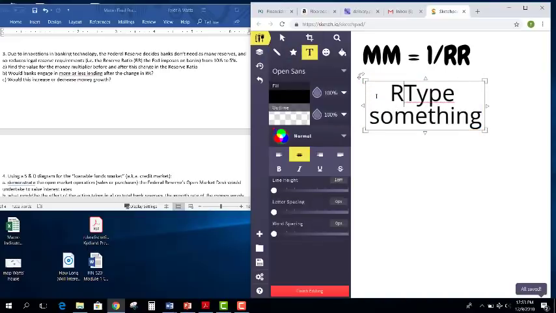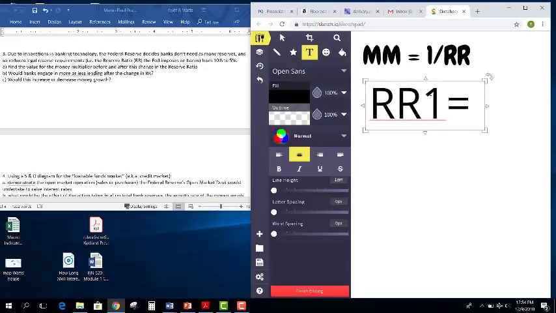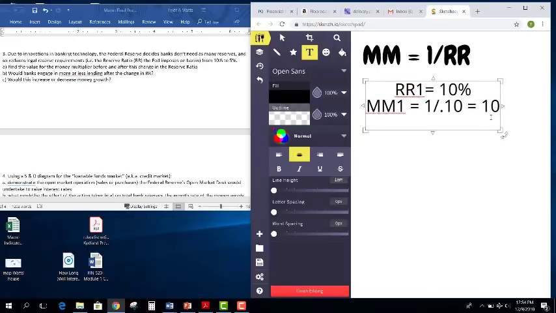So if, let's call this RR1, equals 10%, then MM1 equals 1 divided by 0.1, put it into decimal form, and of course that equals 10. Okay, now MM2 is going to be 1 divided by 5%, 0.05, put it all into decimal form, and that's 20, right?